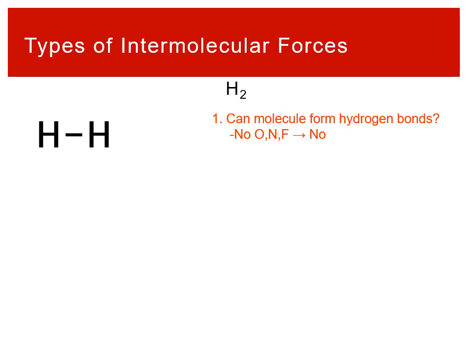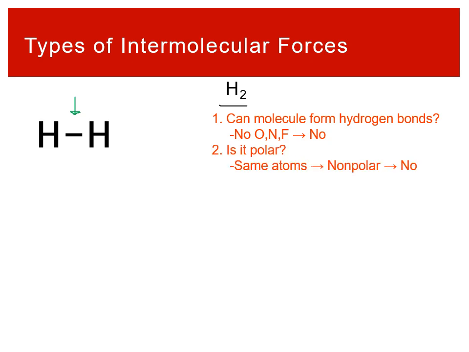Remember, you have to have the covalent bond between a hydrogen atom and then oxygen, nitrogen, or fluorine. Even just at the level of the formula, with only hydrogen atoms, this thing cannot form hydrogen bonds. As confusing as it is, the covalent bond between hydrogen atoms is not a hydrogen bond. Hydrogen bonds are a type of intermolecular force that is a dotted line. It is a bond, not intermolecular.